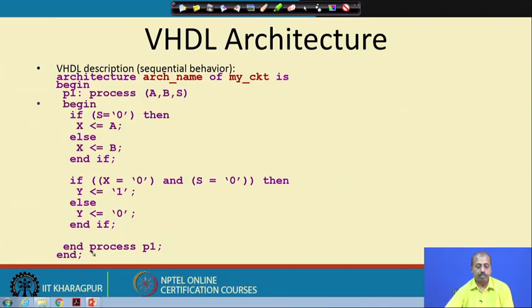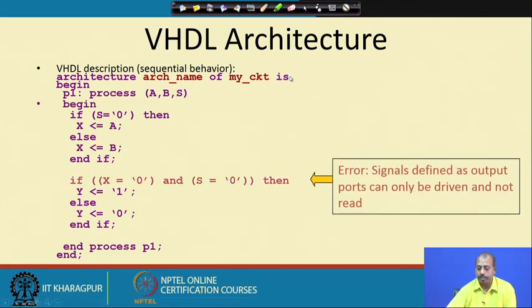So, this is the process description, and this process output depends on the signals A, B and S. They define the values on which the process is going to change. If there is a change in the values of A, B and S, then this description has to be followed to determine what are the values of x and y. That is what is done by this VHDL architecture block.